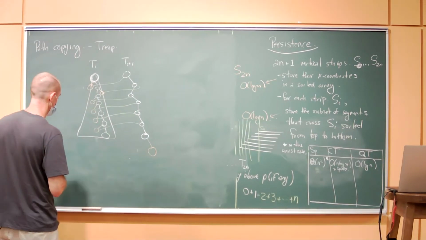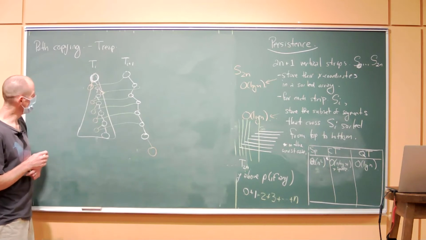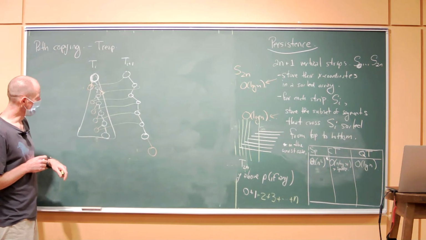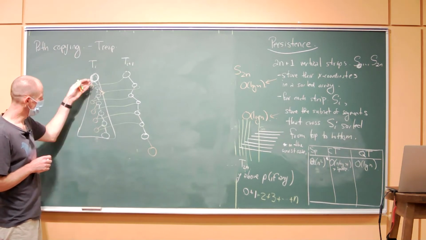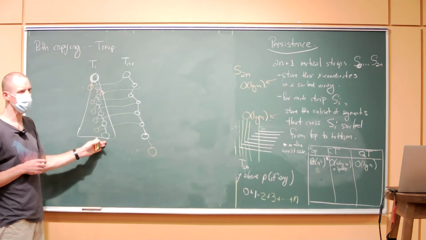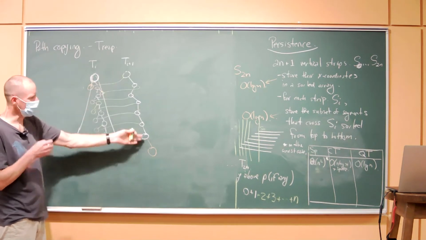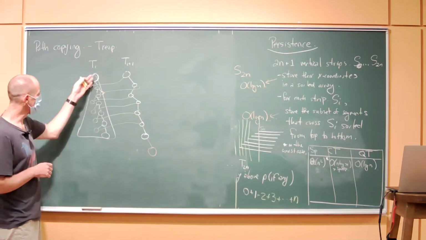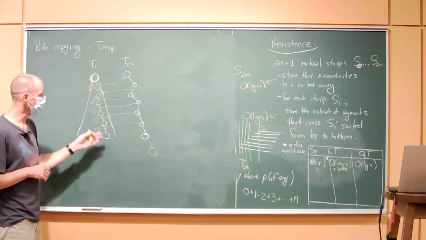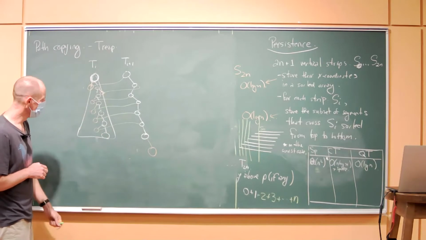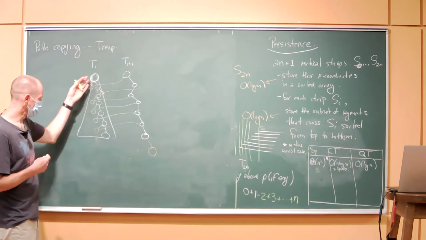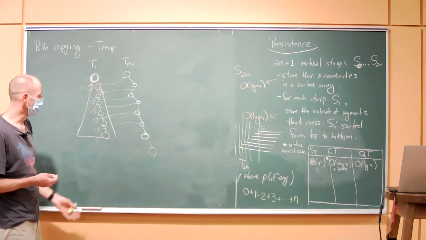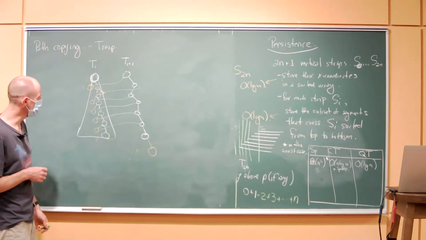All right. So that doesn't really look like it slows things down considerably, right? I mean, to do an insertion, we had to cross this path. Now we have to cross it and copy all its values. But I mean, these are constant size nodes. Copying each one takes constant time. So the time to add something is only going to be same as before, O of log n, just with a larger constant.